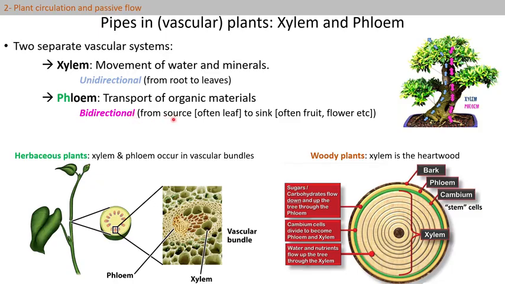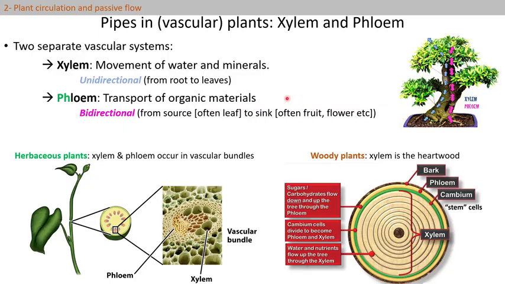Why is that? It's because it always goes from tissues that are called sources, and those sources generate organic compounds, and the flow goes to tissues that are called sinks, and those sinks essentially take up those organic compounds.